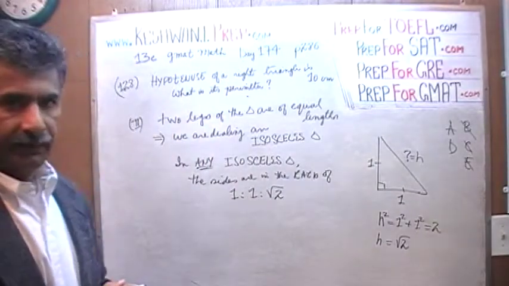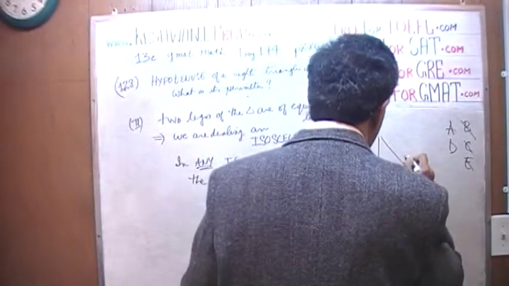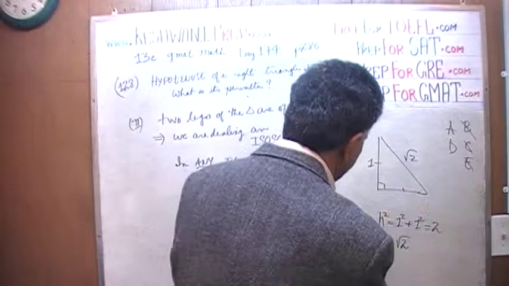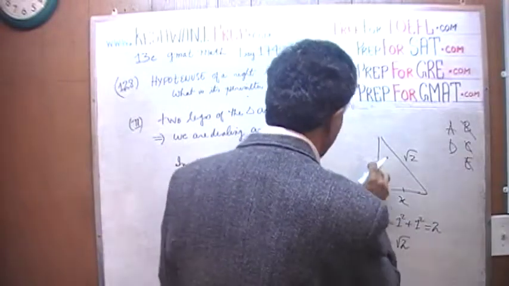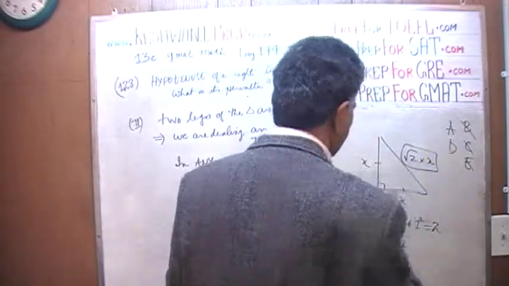So they come in that ratio, 1, 1, root 2. So if this side happens to be x, and that side happens to be x, then that side is going to be root 2 times x.